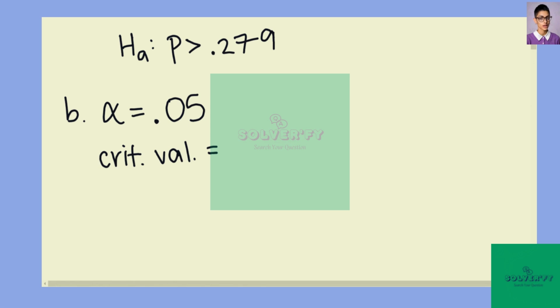If we were to go into our calculator and use the inverse norm feature, since this is one-sided, since it's only greater than, we just put 0.05 as the area, 0 is the mean, 1 is the standard deviation, and we get a critical value of 1.64, plus or minus. No, not plus or minus, just plus, because we're looking at greater than.